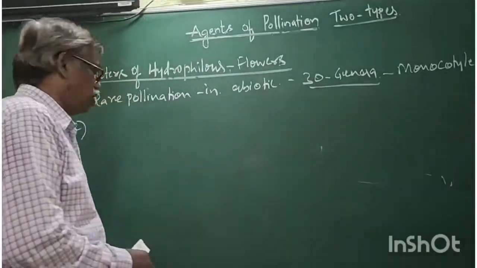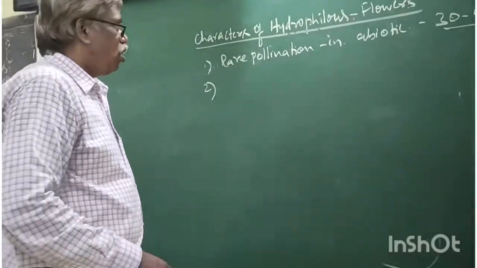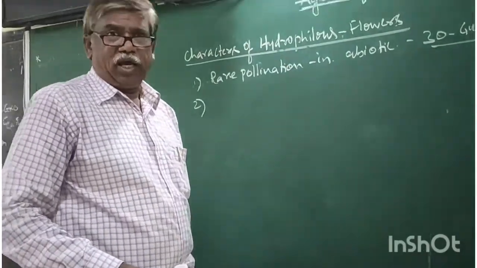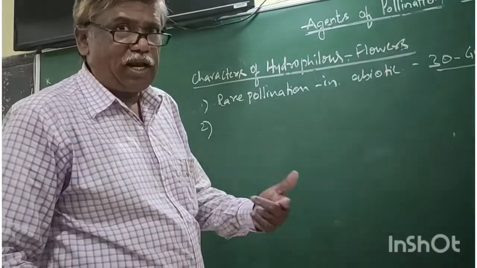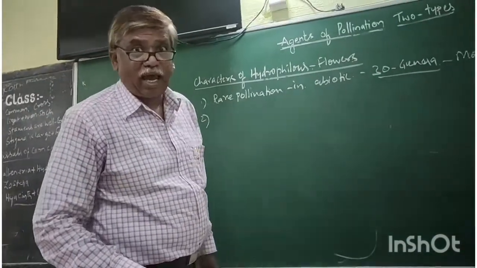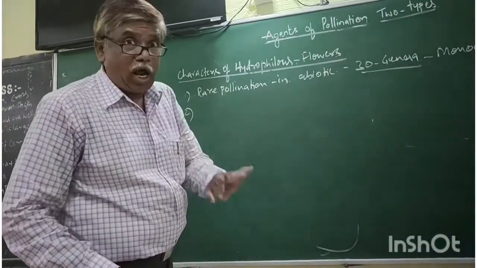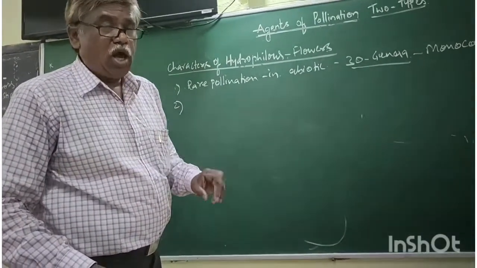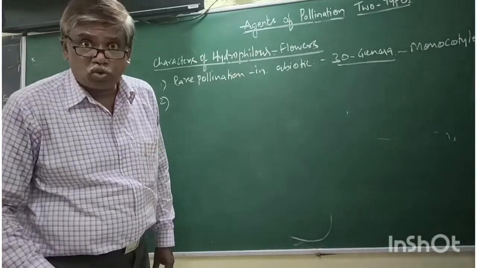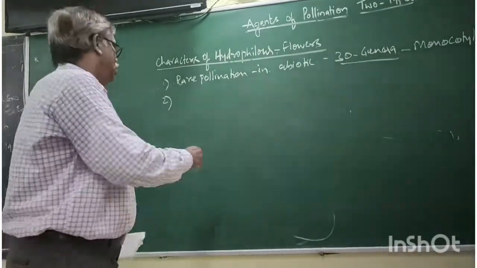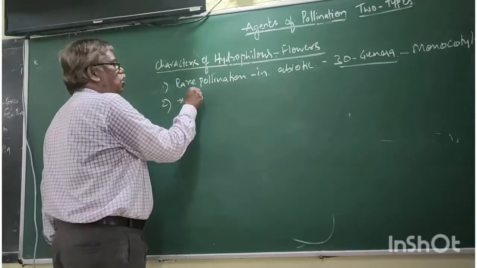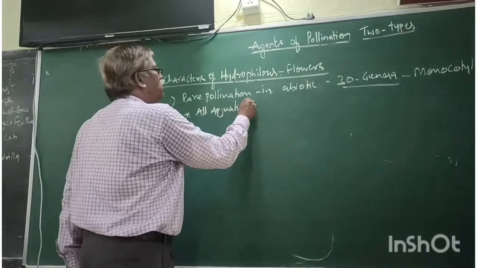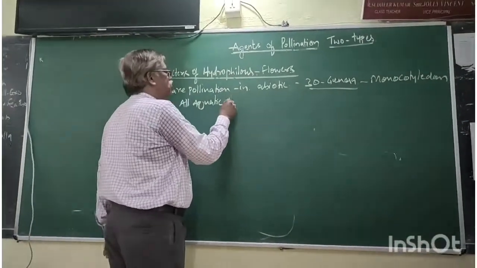Now come to the next. What is the topic? Hydrophilous flower. That means flowers are present on the water or land. Water. That means aquatic plants. All aquatic plants do not show it. Once again, be careful. All aquatic plants do not show hydrophily.